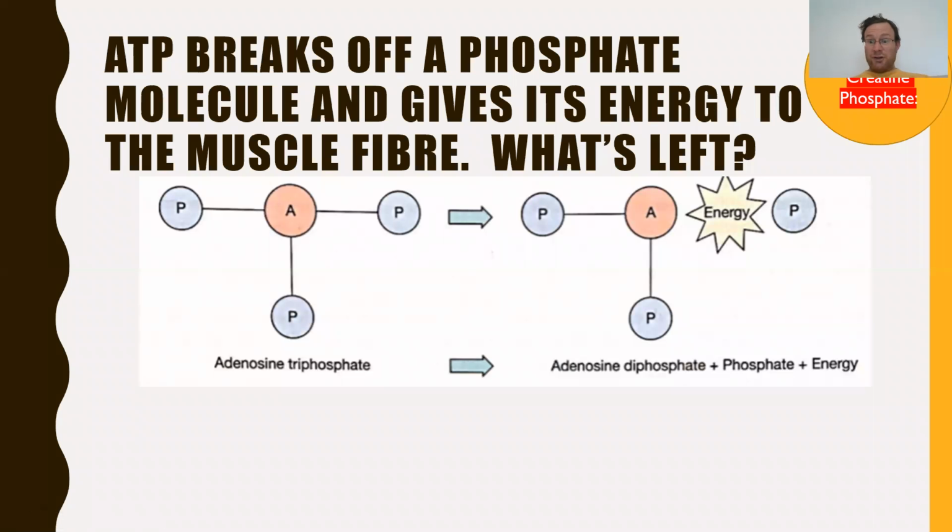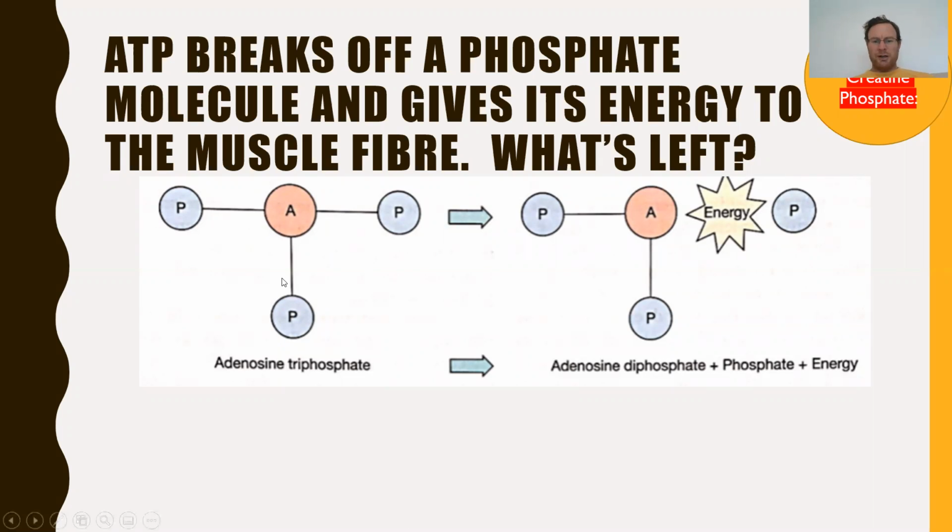Okay, so first system. The question I pose here is, ATP breaks off a phosphate molecule and gives its energy to the muscle fiber. So the question really is asking what's left.